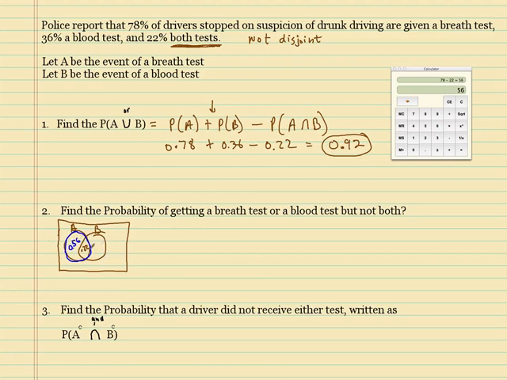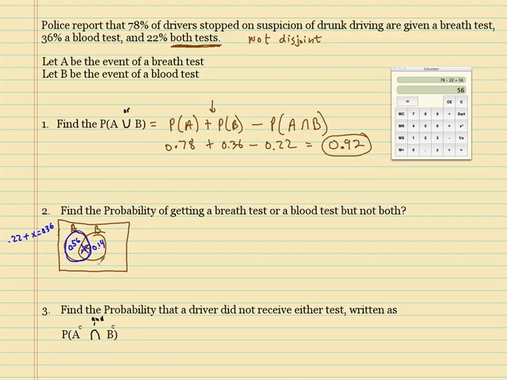The reason I'm doing this is because you get a breath test or a blood test, but not both, so you need to find all three of these and then subtract the 22 out, because I don't want this. For B it's 36, so 22 plus what gives you 36? That's how you find this area. 22, 32, and 32 to 36 is 4, so it would be 14.